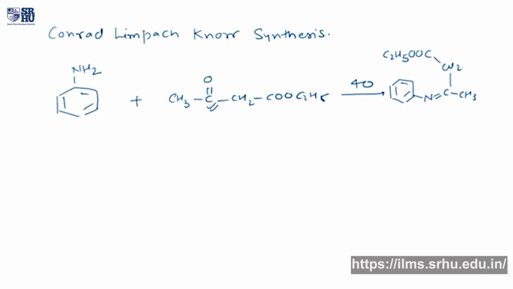Now when you heat this Schiff base at 260 degrees centigrade in presence of alcohol, the ester will get hydrolyzed and there will be a cyclization.